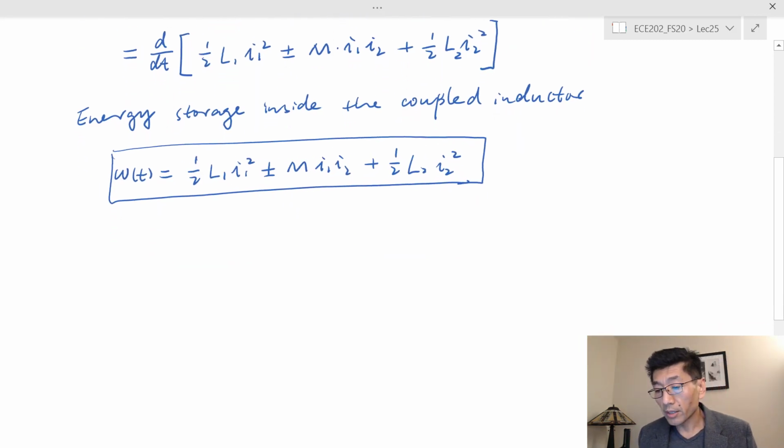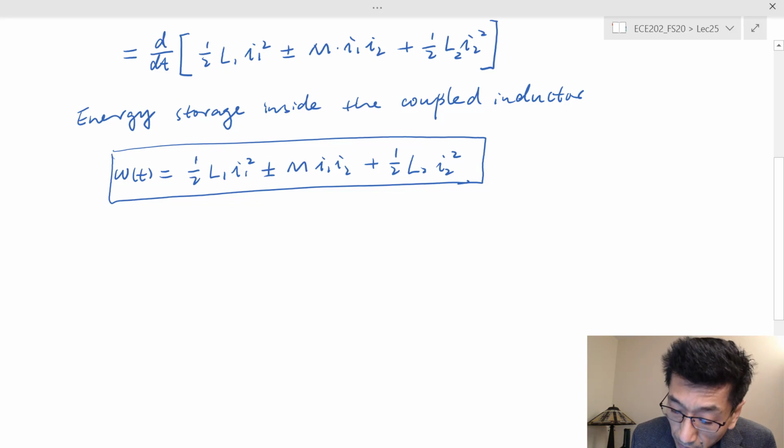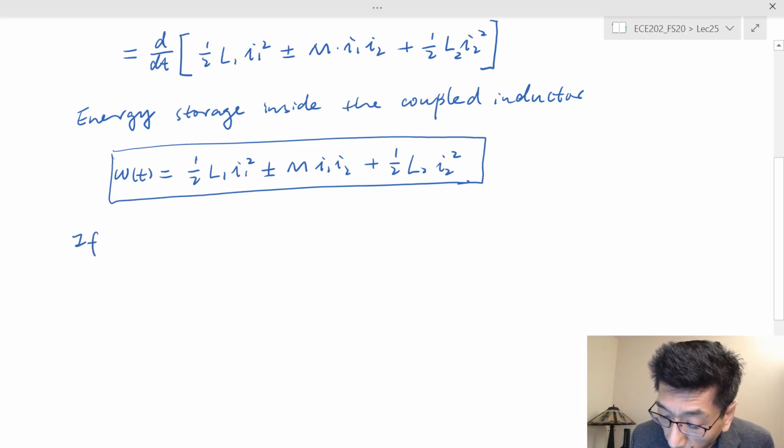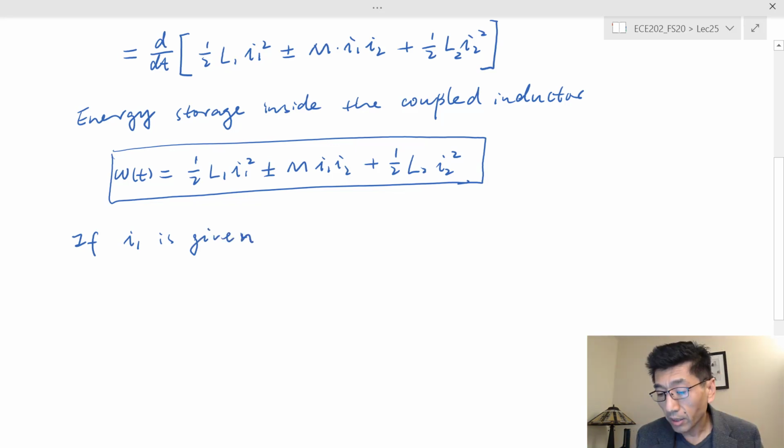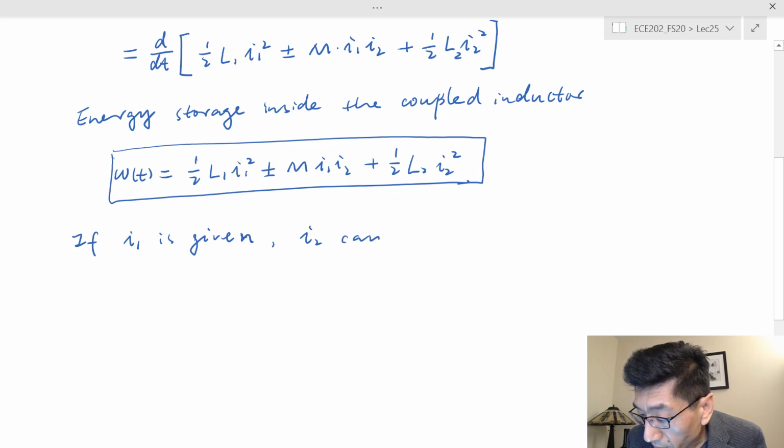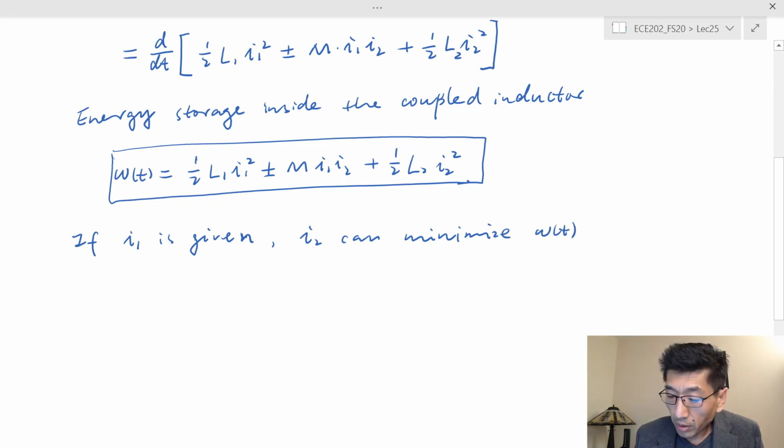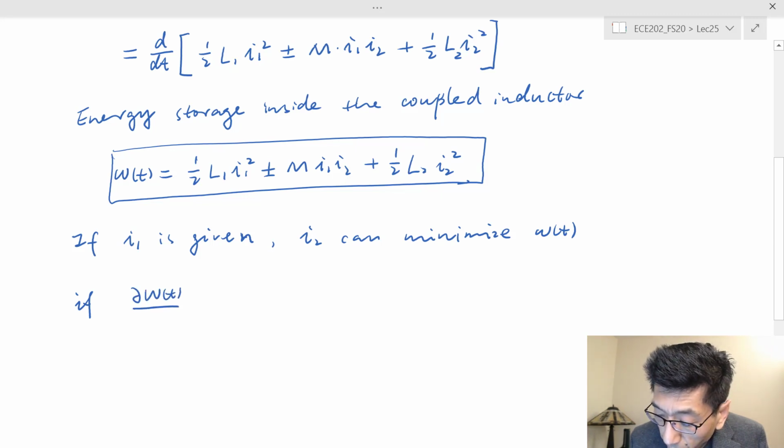And let's look at the energy. Let's see, if I1 is given, that means you can't change it anymore, though it may still be time varying, and I2 can minimize the W(t) if we take a partial derivative of W(t) with respect to I2.